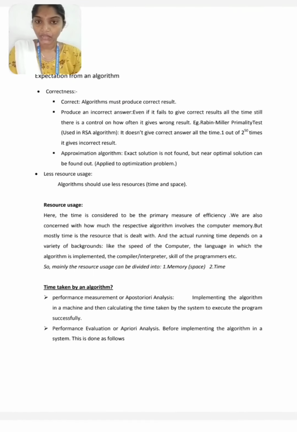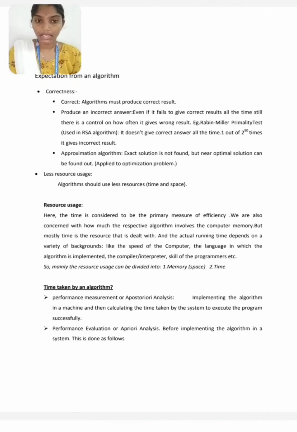Next, expectations for an algorithm. Correctness: the algorithm must provide correct results, not incorrect answers. Even if it fails to give correct results all the time, there is still control over how often it gives a wrong result.